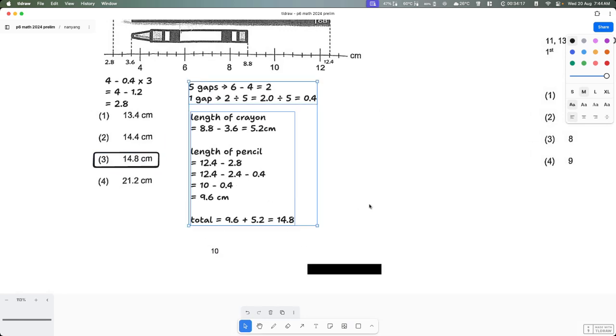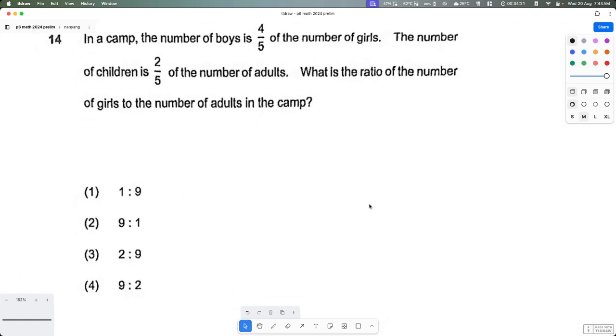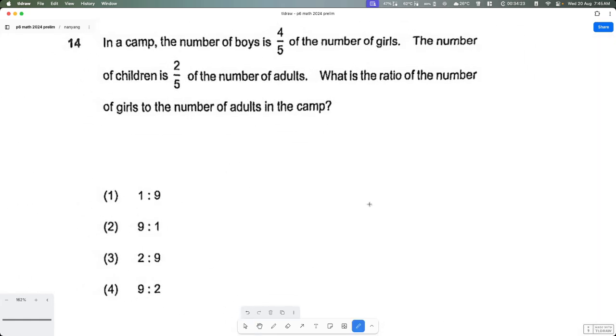Let's move on to the next question. Question number 14. So in the camp, the number of boys is 4/5 of the number of girls. The number of children is 2/5 to the number of adults. What's the ratio of number of girls to the number of adults? Okay, so number of boys is 4. So boys equal to 4 units.